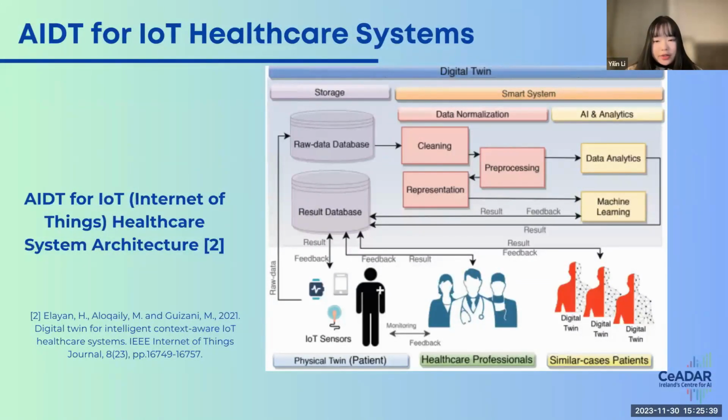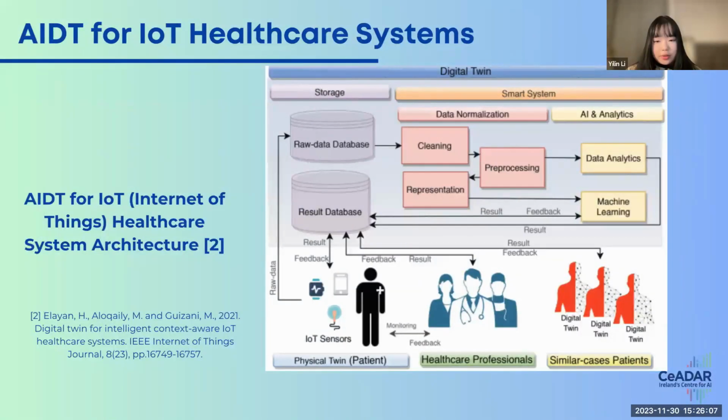The data collection from the IoT devices is the cornerstone of building the digital twin. As shown in this figure, this data passes through our system and undergoes a transformation process that creates the virtual replica of the patient.